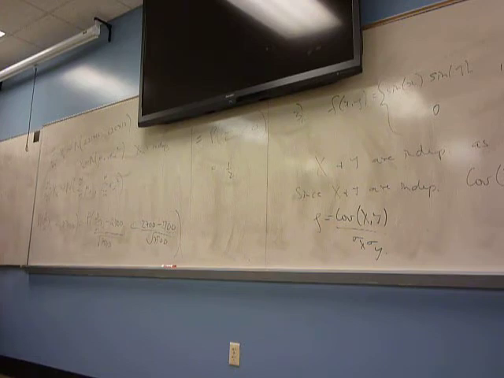We're looking at the probability that some random variable is less than its mean. Y is normally distributed, and the probability Y is less than mu is just asking about this area, and this area is always 1/2.